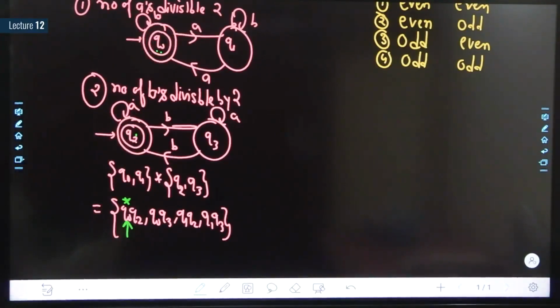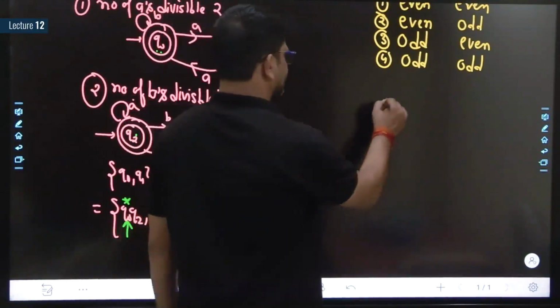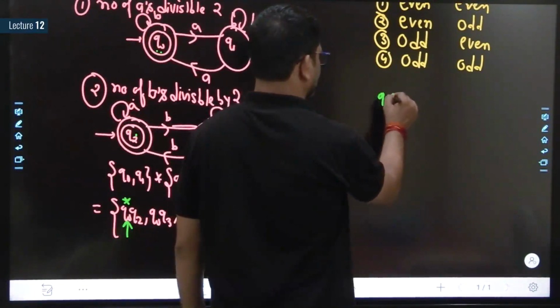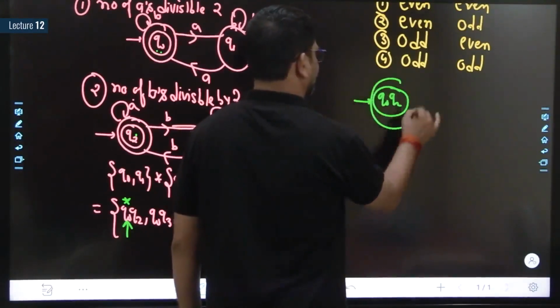Now find out the transitions. This is Q0Q2, initial and final.